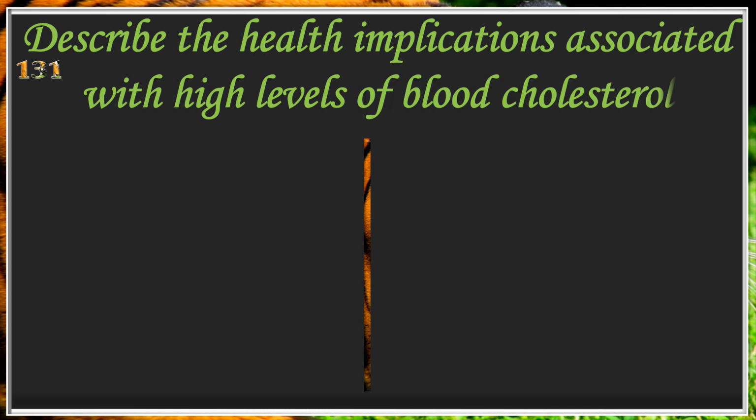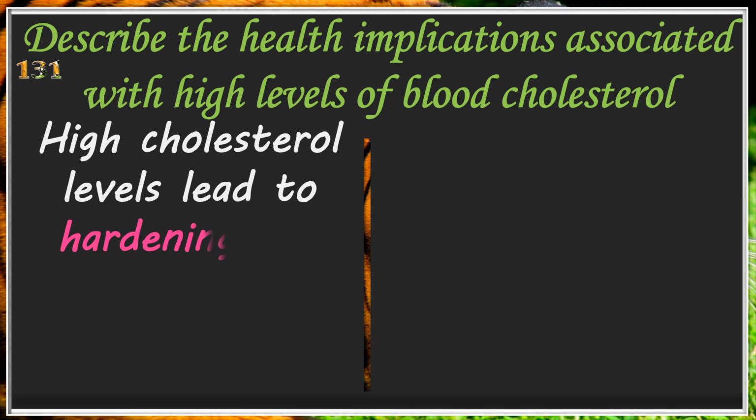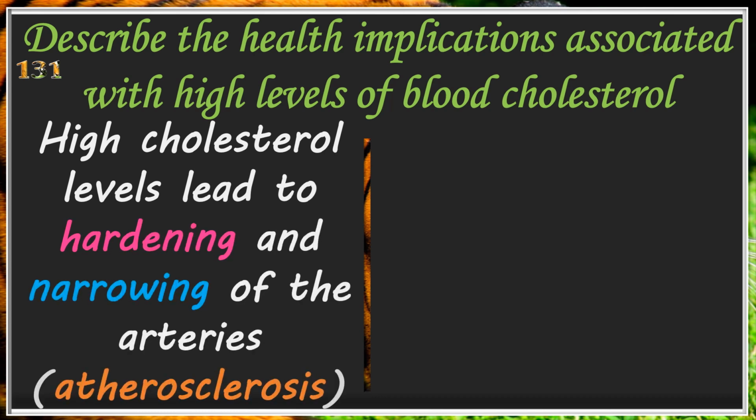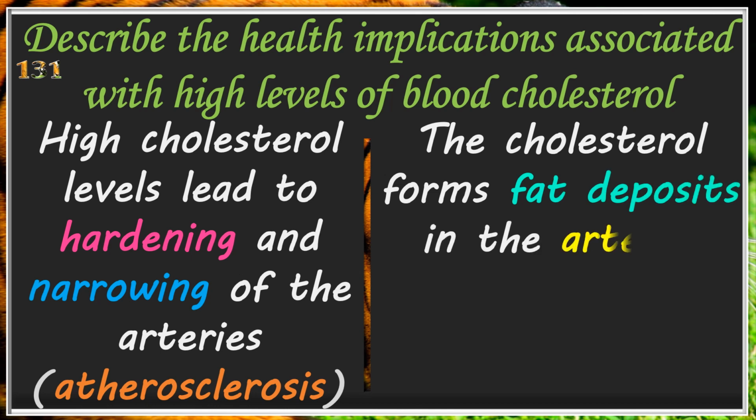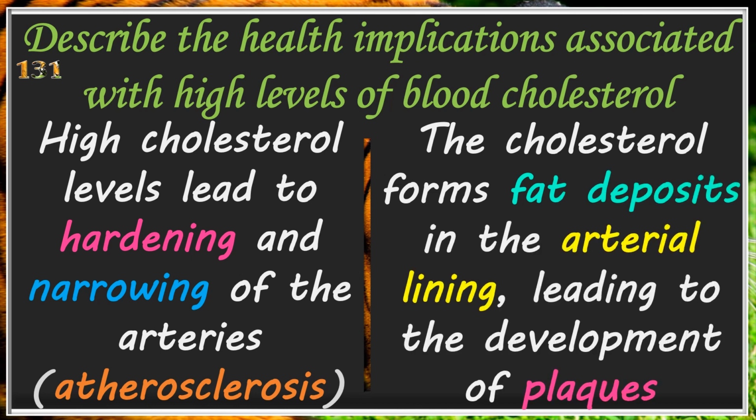Describe the health implications associated with high levels of blood cholesterol. High cholesterol levels lead to hardening and narrowing of the arteries. That is atherosclerosis. The cholesterol forms fatty deposits in the arterial lining, leading to the development of plaque.